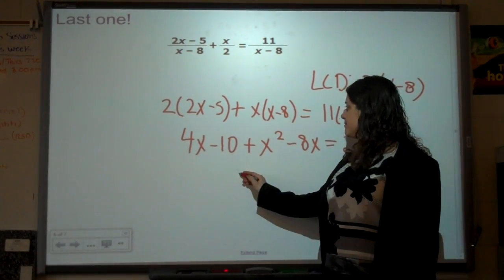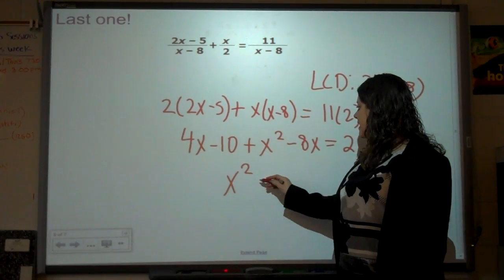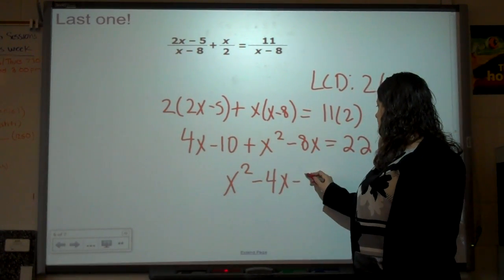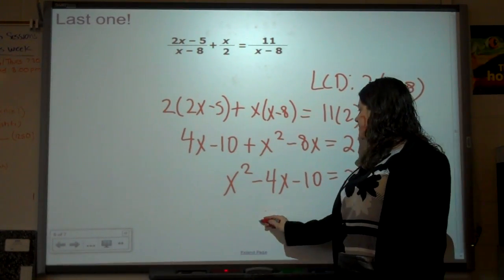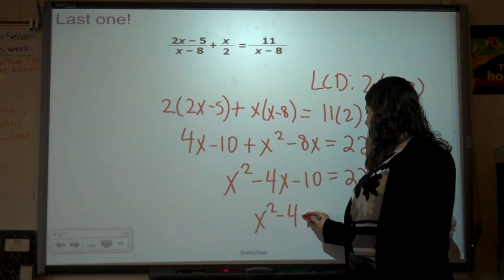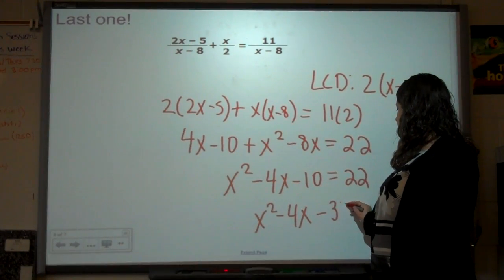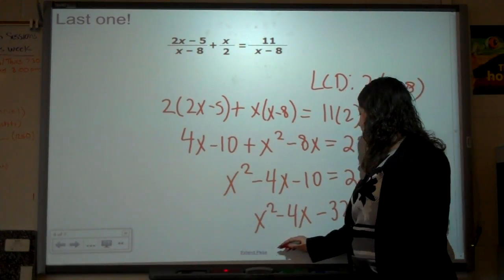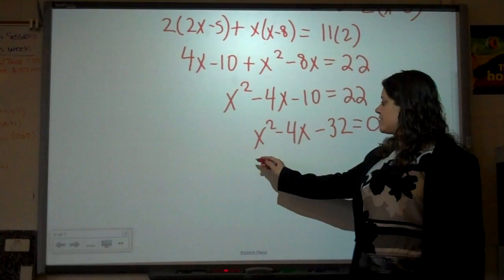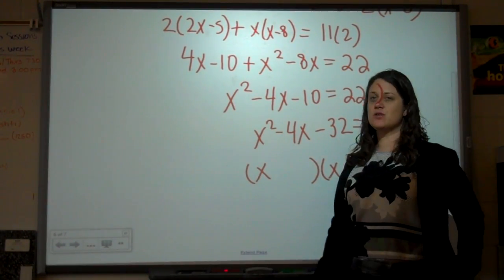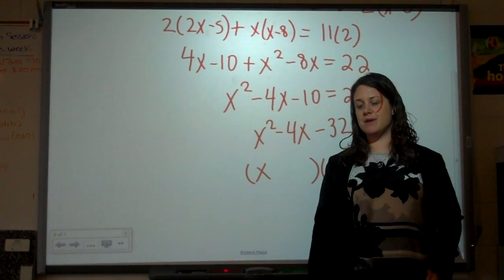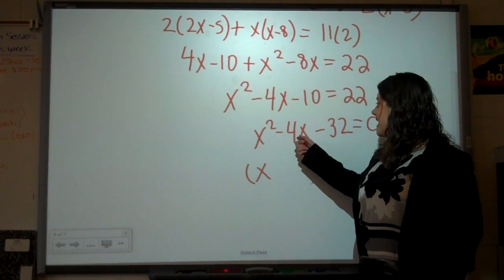Alright, let me combine like terms. X squared, I have minus 4x minus 10 equals 22. Alright, if I subtract this, I'm going to have minus 32. So now I have a quadratic. Alright, so I'm trying to think of 2 things I can multiply to make 32 that are going to add to 4.